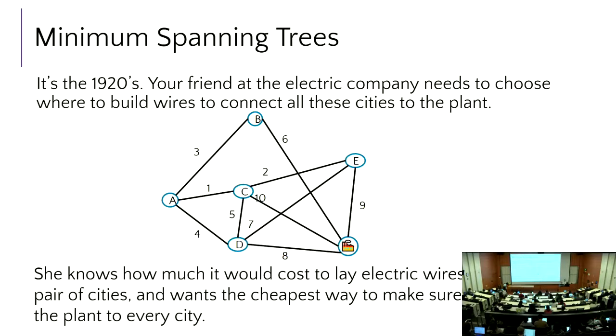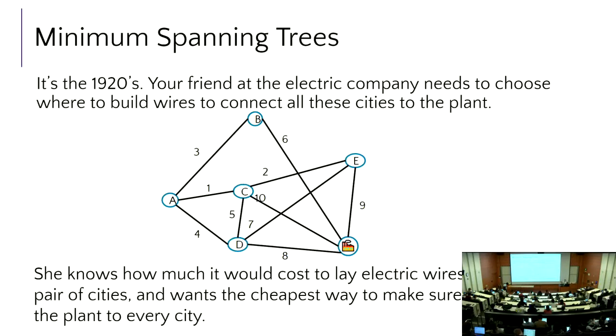And so what you can see here is maybe an abstract drawing of what that collection of cities might look like, where you can see we've got our little power plant node down here. And then we've got A, B, C, D, and E representing individual cities. And then the weights on those edges represent how expensive it would be to lay the electrical wires between the plant and those cities.